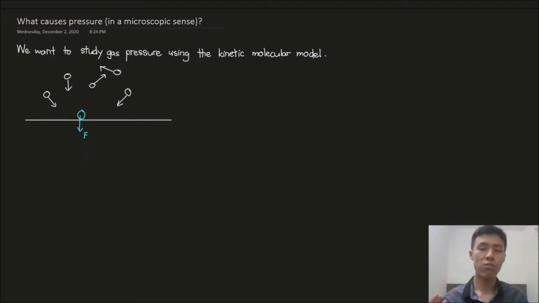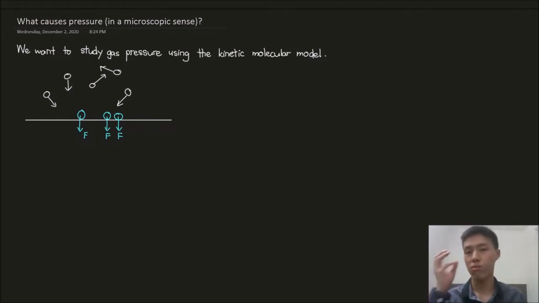But of course a gas container doesn't just contain one gas particle. It contains plenty of gas particles. So there are many particles colliding with the wall at every single time. There can be particles colliding here, colliding there, many particles colliding. Each of those particles will exert force on the wall of the container.